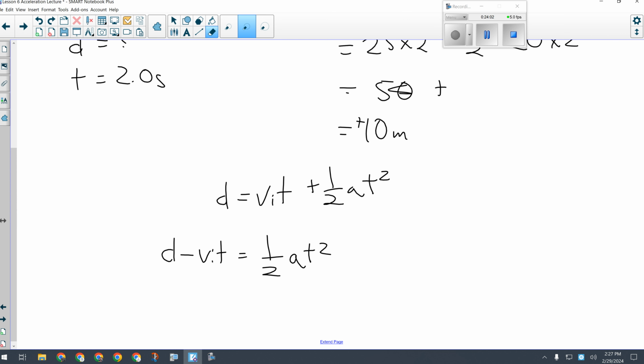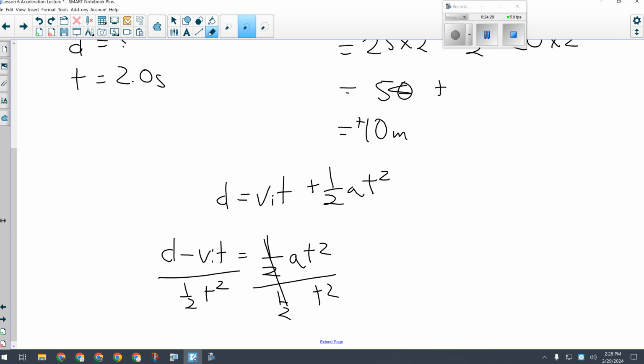What do I do with the half and the t squared? Divide them over to the other side, right? That's the opposite. They're being multiplied all together. Okay, now I'm solving for A. Like I said, you're going to have to flex your algebra muscles here a little bit.